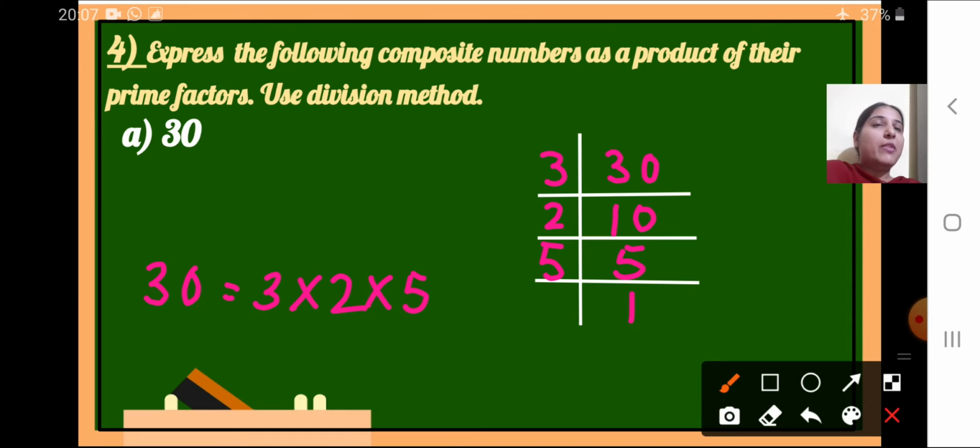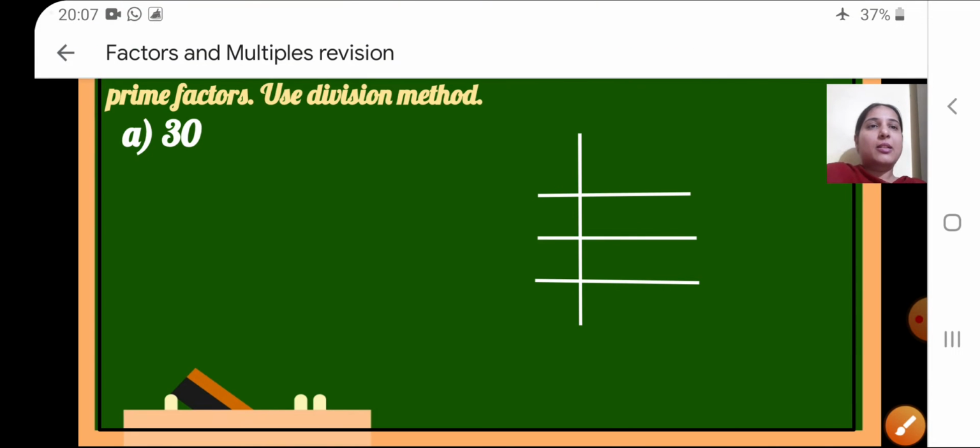Okay. Whenever you are factorizing a number, you have to see that it should be the prime number by which you are going to factorize that number. That's why it is called prime factorization.